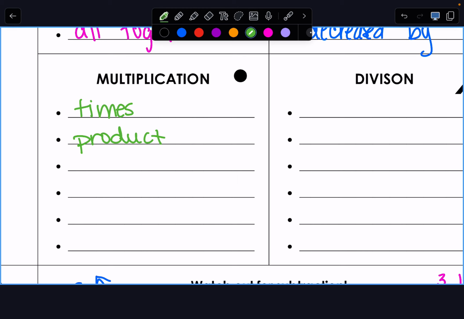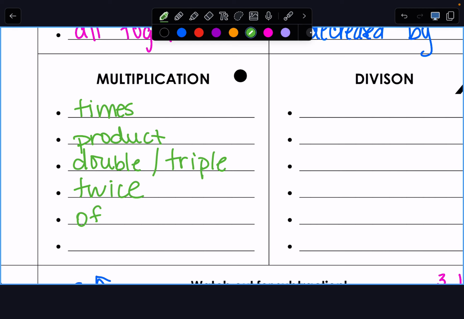Okay, we have words like double or triple, and those are giving you the specific number we need to multiply. Double would be 2 times, triple would be 3 times. Okay, along those same words, twice. Twice would mean we're multiplying by 2. Okay.